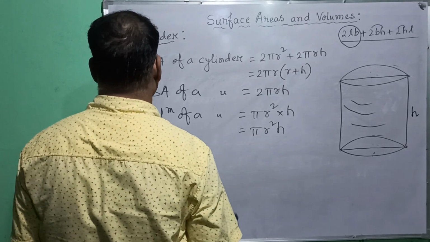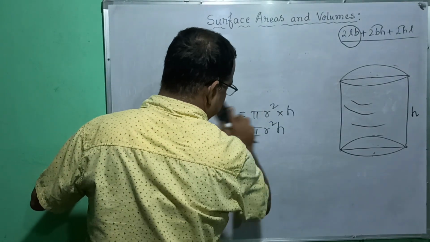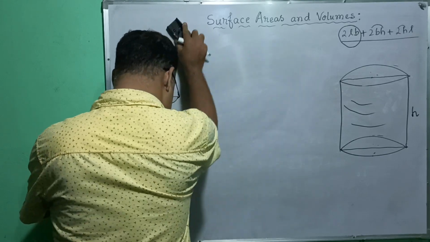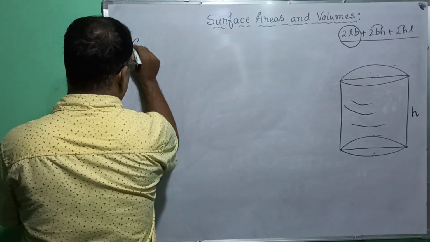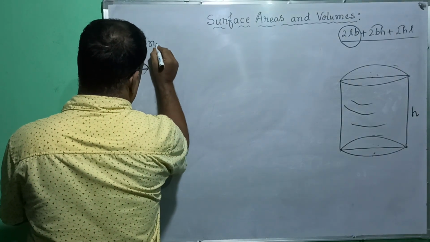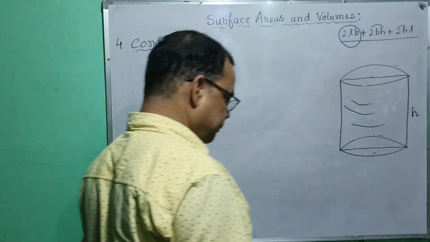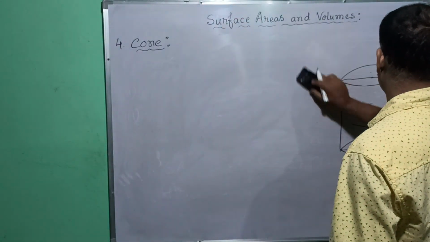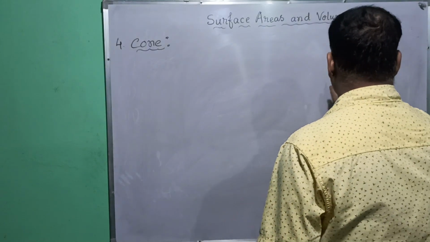Now the next one, the fourth one, I will write the cone. Our fourth one is the cone. You know what the shape of a cone is. So let me draw a cone first.